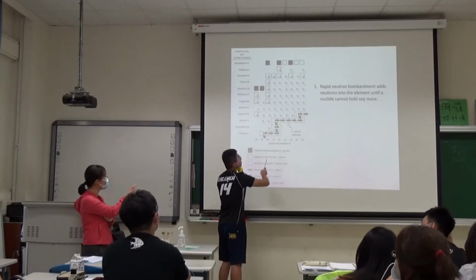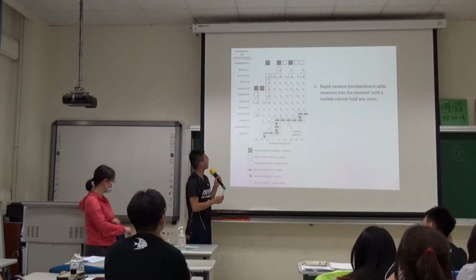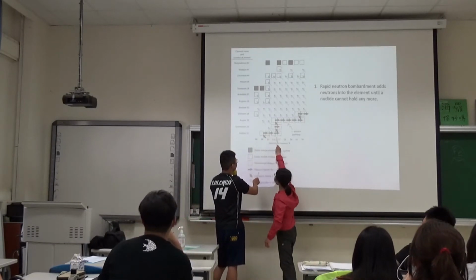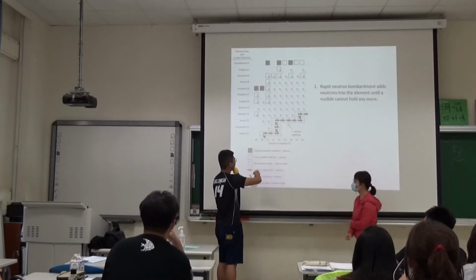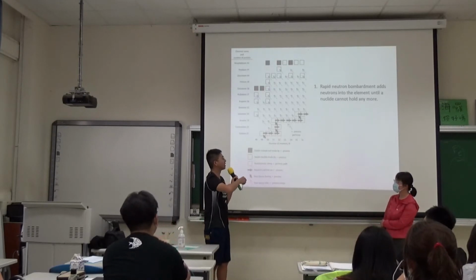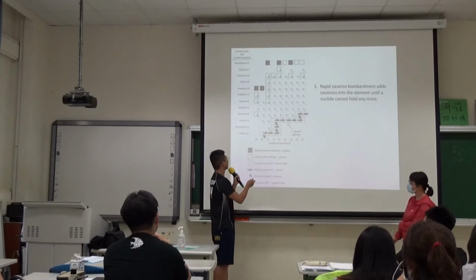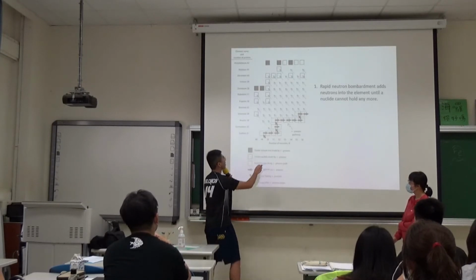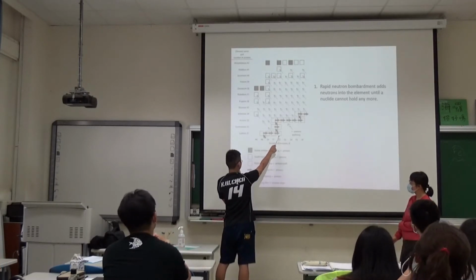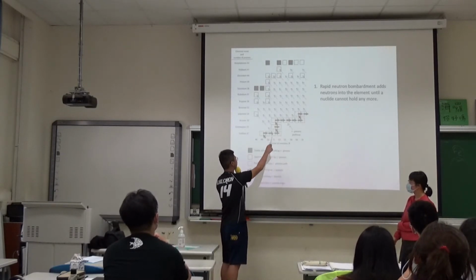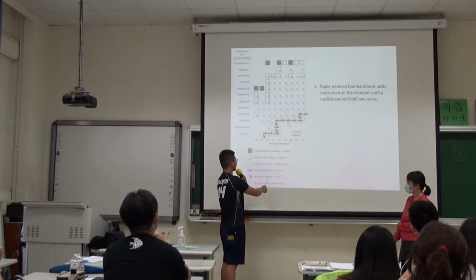What are the black arrows? It's the neutron capture in the R process, so it happens very rapidly. And in this movement it suddenly stops and goes through beta decay.